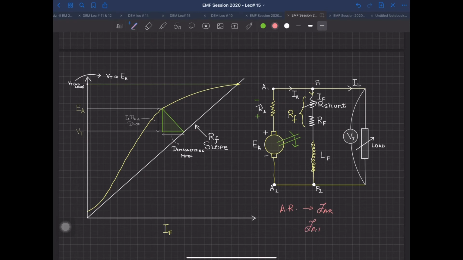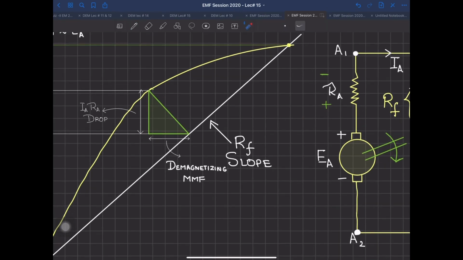That was the actual net decrease in the IF. So this decrease is depicted by this x-axis and this y-axis.